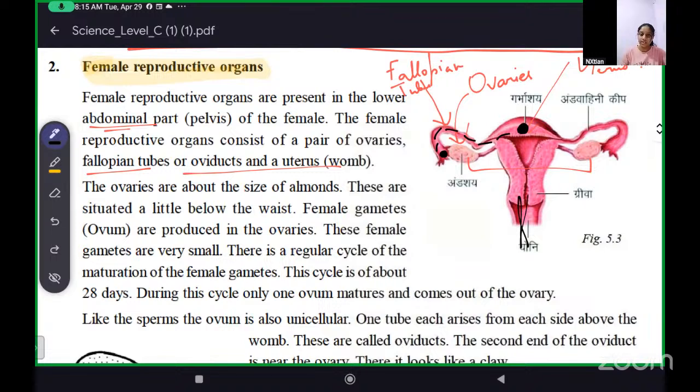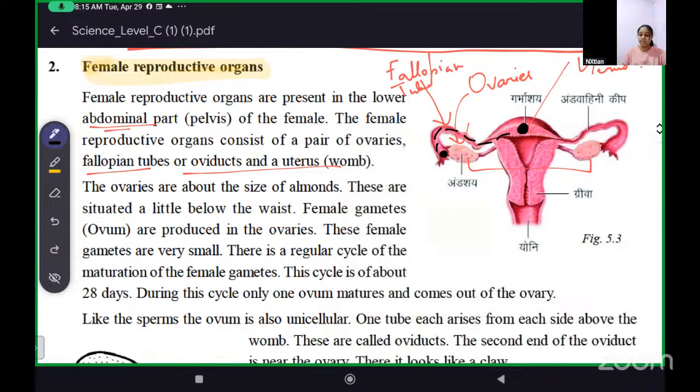Ma'am, you said earlier that females don't make ovaries; they just have a number of ovaries for their lifetime.